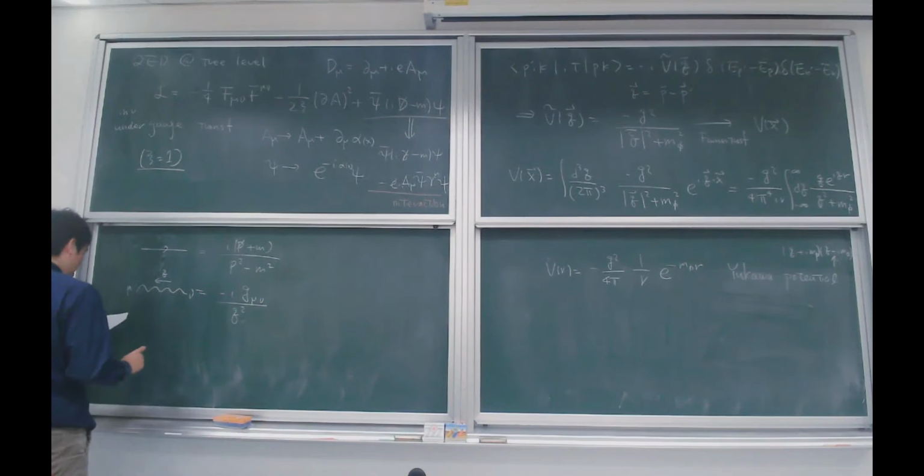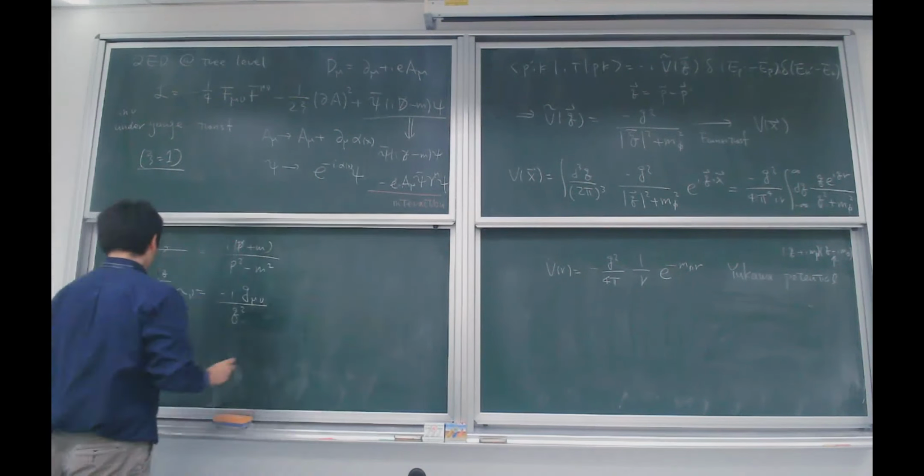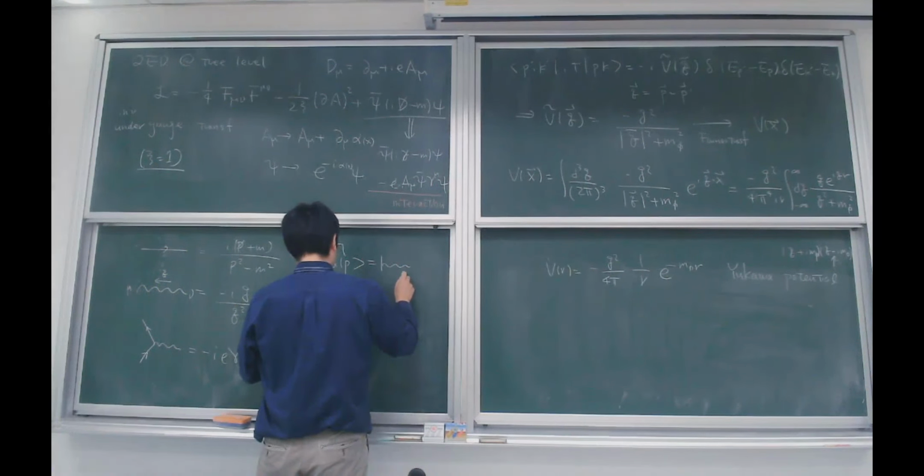And then we have a new vertex, coming from the interaction term: minus i e gamma mu. So that's the new vertex. And the external photon line is something like epsilon mu of p.